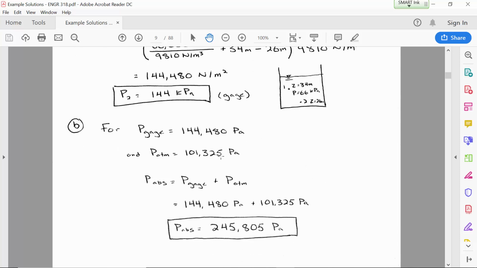So for this one, our gauge pressure is 144,480. Atmospheric is 101,325, and so the sum of those two gives us an absolute pressure at that location 2 of 245,805 pascals. All right, so does this make sense? Hydrostatic equation.